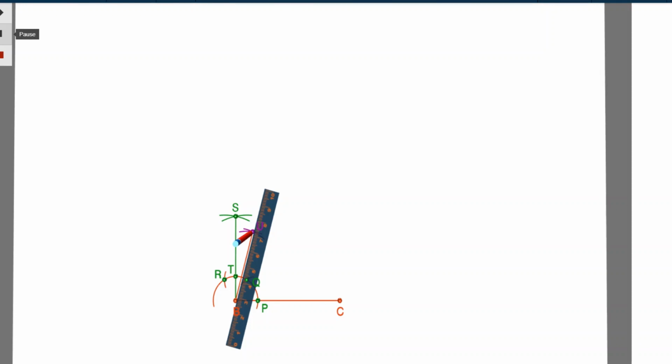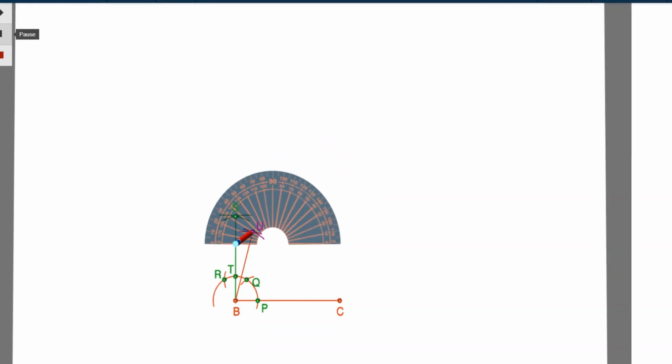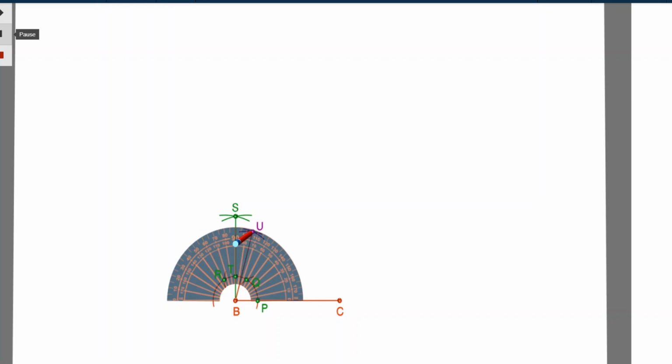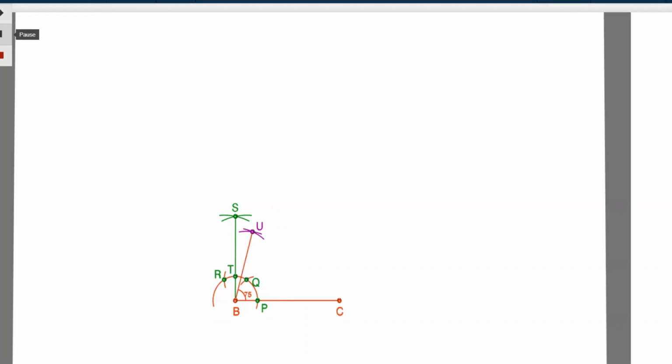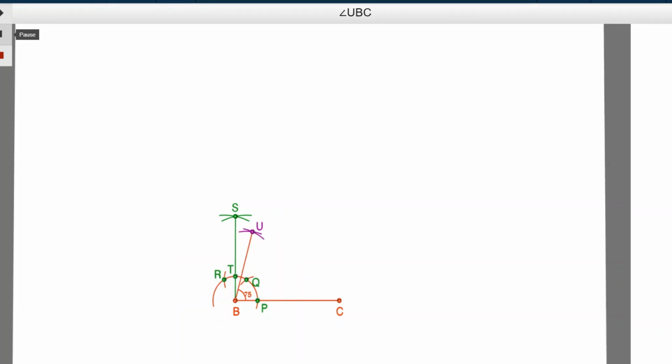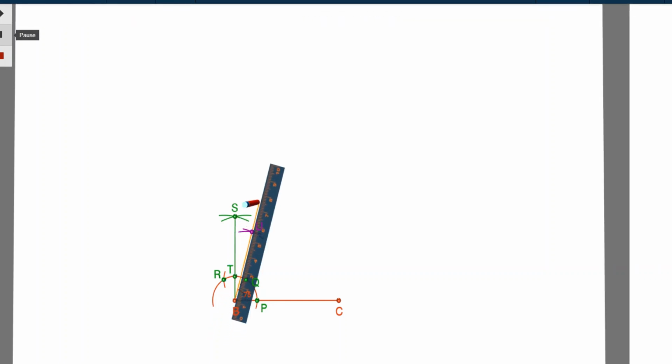So here angle UBC is 75 degree, because PQ arc makes 60 degree with center B and we have bisected QT arc, that's why UBC makes 75 degree. So we have drawn BC base 7 cm and one of the base angle B 75 degree.